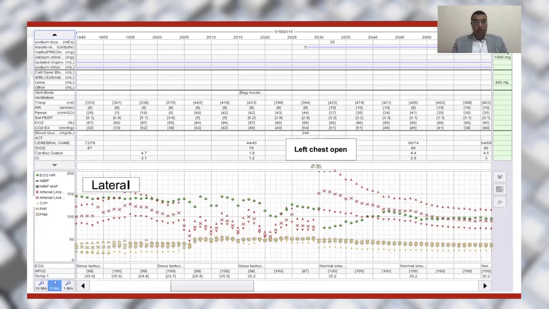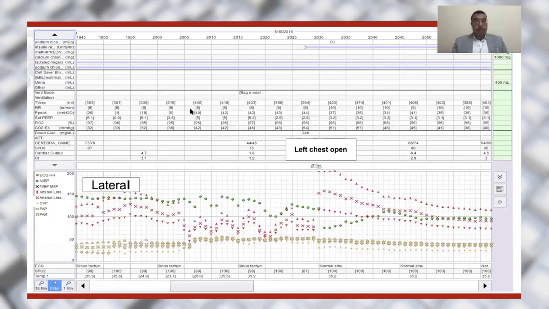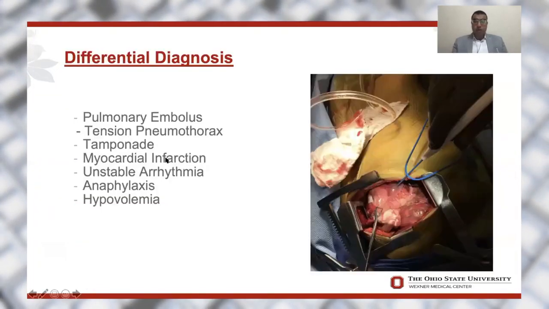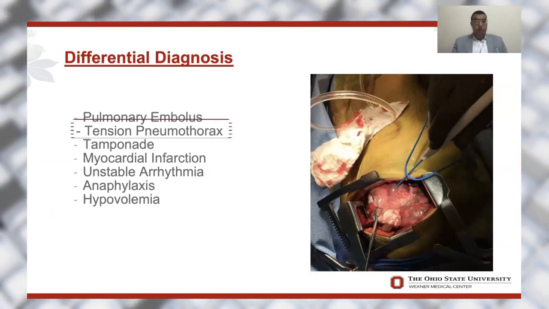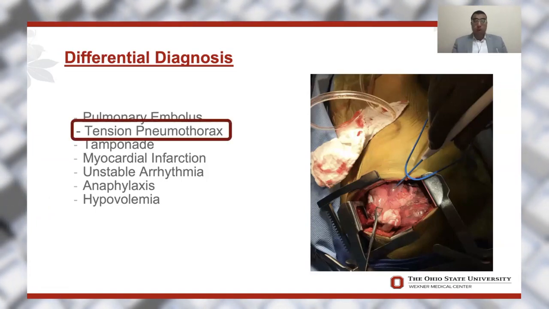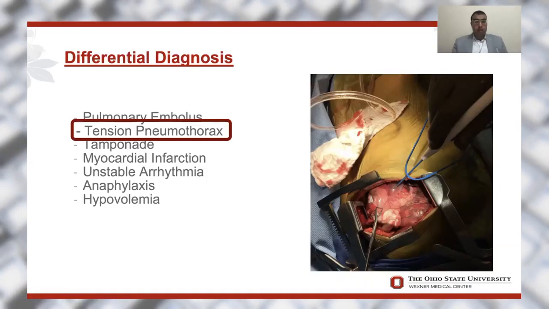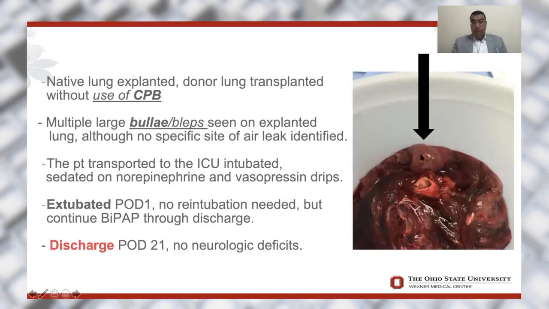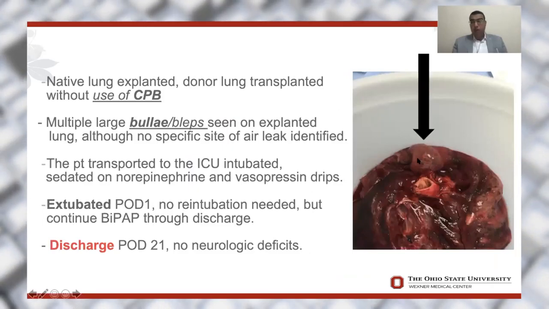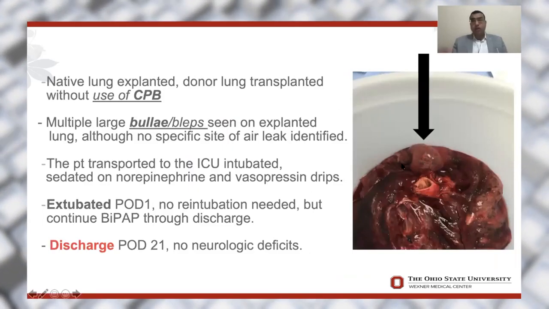So what happened? This is the list of the differential diagnosis, but I think 80 to 90% of us figured out that it was tension pneumothorax. Why tension pneumothorax? Because this is the explanted lung. As we can see here, these are emphysematous bullae, many small bullae, and one of them ruptured. So there was tension pneumothorax.